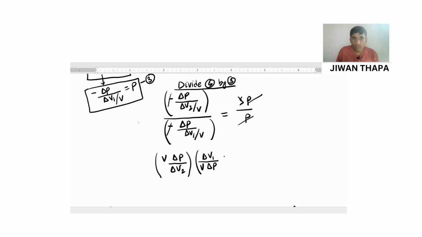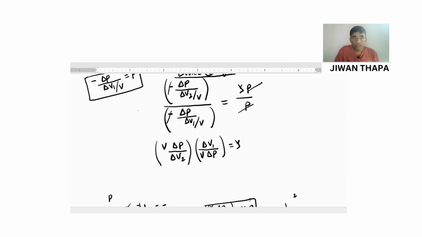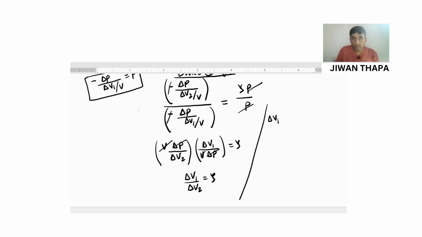So this equals gamma. On simplification, this cancels out, this cancels out, and we get delta V1 by delta V2 equals gamma. So delta V1 equals gamma times delta V2.